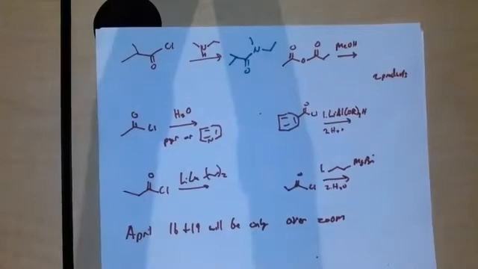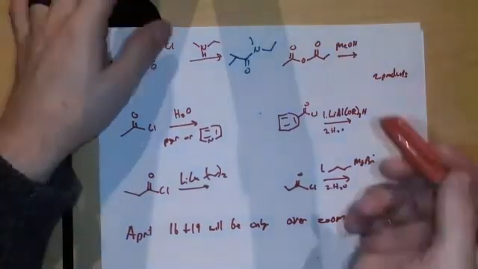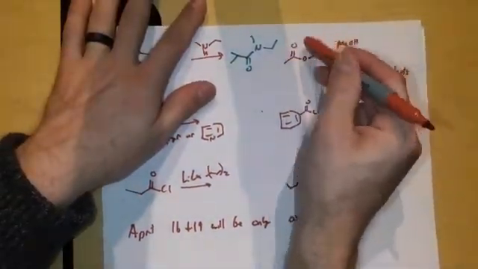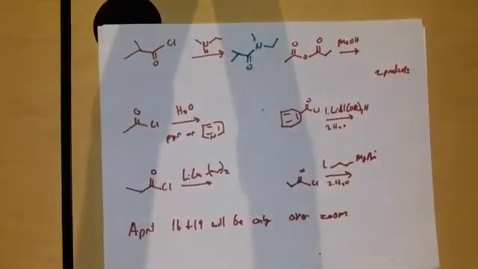Okay. I didn't really talk too much about when you have different groups for these anhydrides. So on the right, we have basically ethanoic acid and propanoic acid. So there's two different things that can happen.